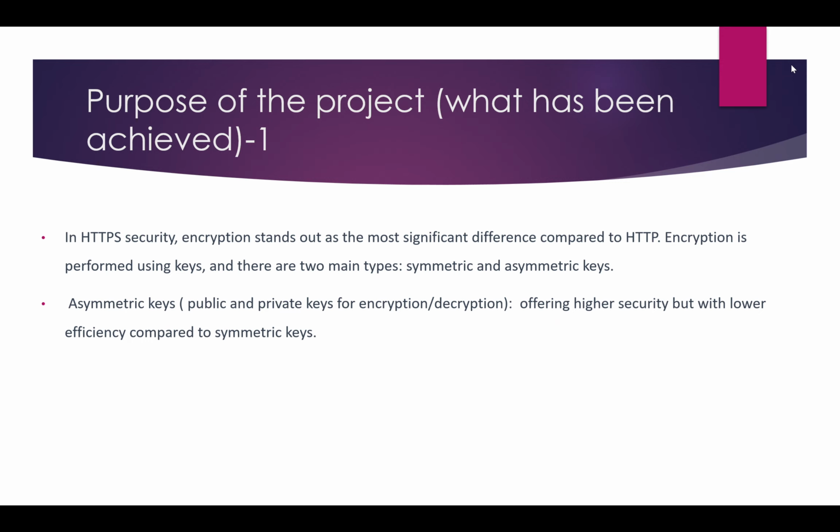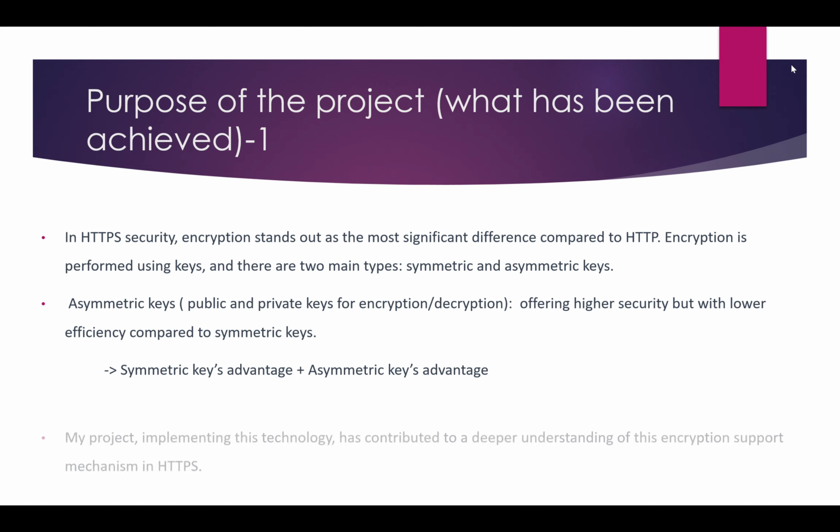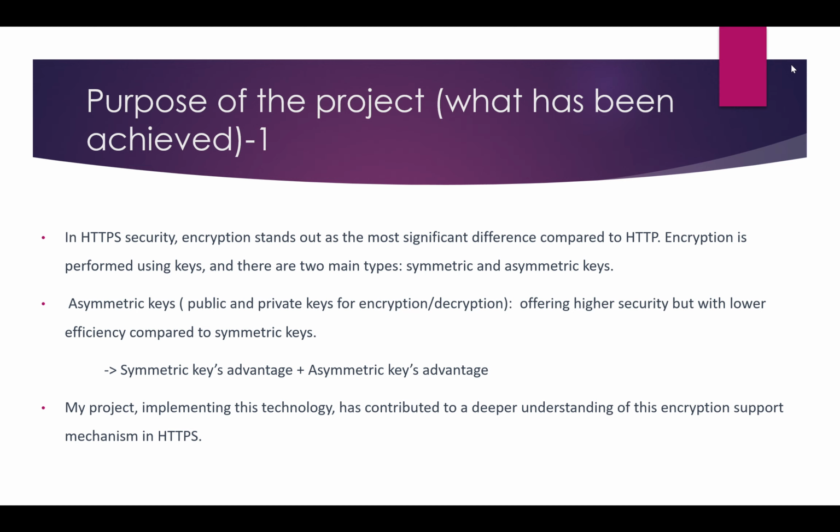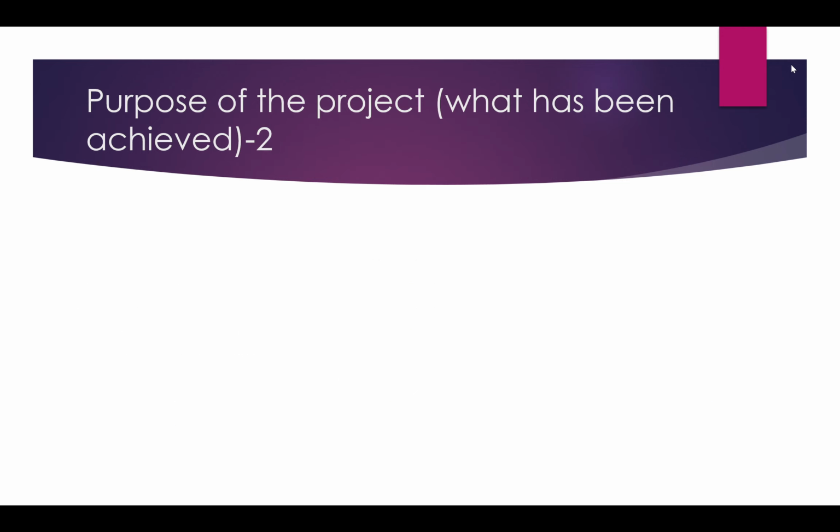Therefore, data encryption in HTTPS is typically done using symmetric keys. Considering potential security vulnerabilities in this context, the mechanism in HTTPS supporting encryption involves encrypting and sharing the symmetric key. My project implementing this technology has contributed to a deeper understanding of these encryption support mechanisms in HTTPS.